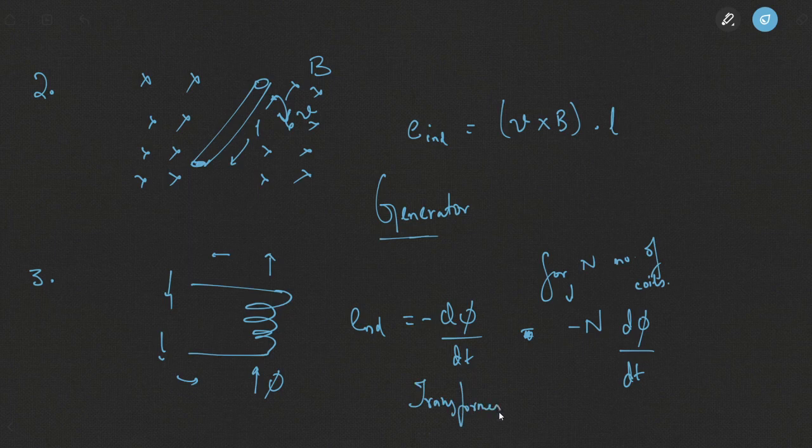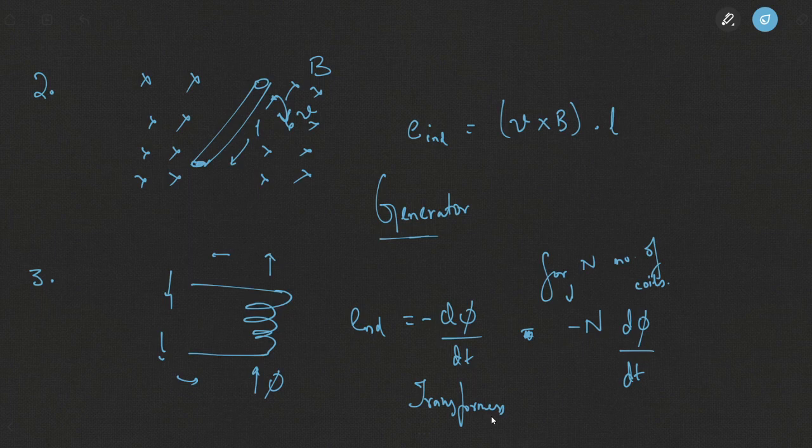You need to remember these three electromagnetic principles. One, a current carrying conductor when placed in a magnetic field will experience a force. That forms the principle of operation of a motor. Secondly, when a conductor moves in a magnetic field, an EMF will be induced in that conductor.